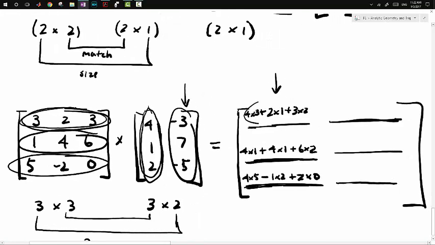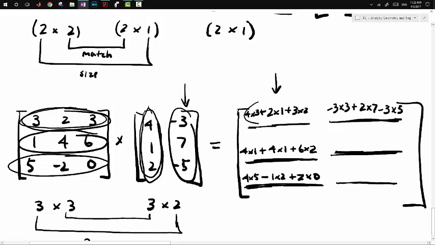So this is going to be negative 3 times 3 plus 2 times 7 plus, or minus, 3 times 5. And all these minuses, I'm just distributing the minuses found on the elements.